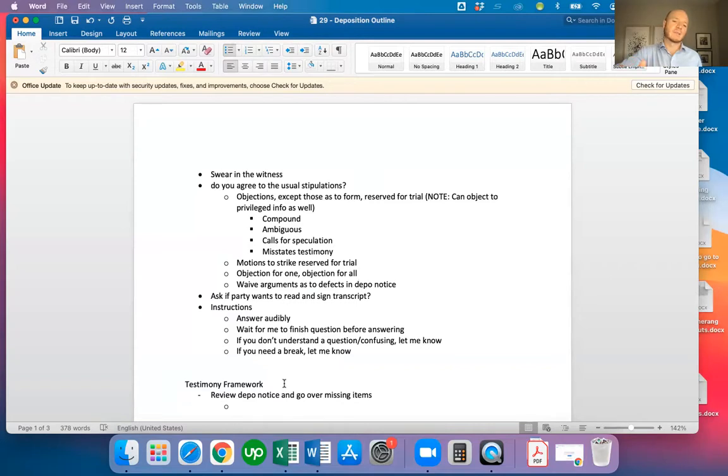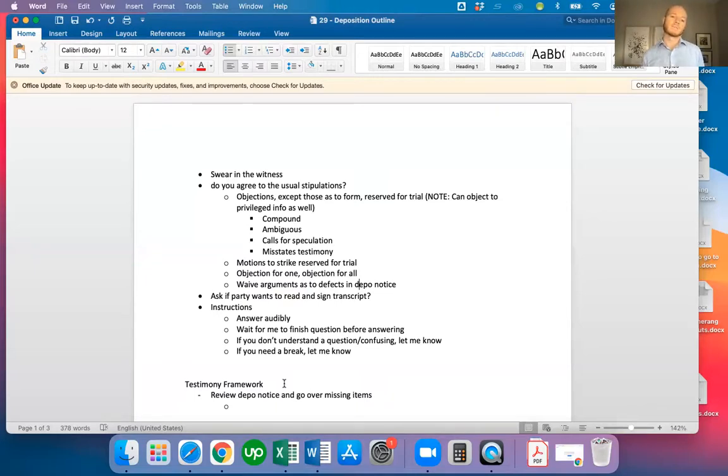I just ask that whenever I ask you questions, you answer audibly, because obviously a transcript is being taken and nodding or shaking of the head cannot be taken down in a transcript. Also, I'd ask that you wait for me to finish asking the question before you answer, because it can confuse the transcript and confuse the stenographer if we don't talk one at a time.